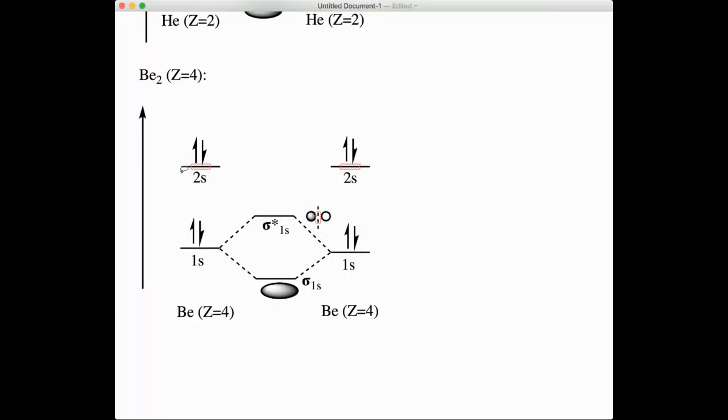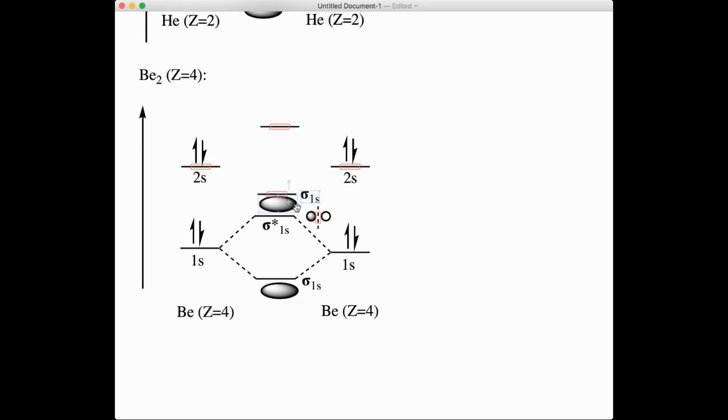Combining these two 2s orbitals, how many molecular orbitals should I expect? I should get two molecular orbitals, once again, one bonding and one anti-bonding. The bonding is going to be a sigma 2s.